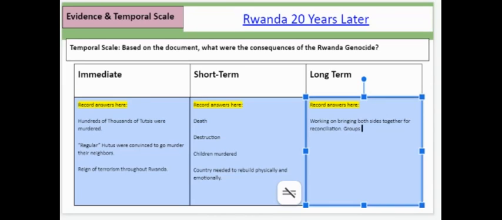So groups like that work together to promote peace. Still have issues in Rwanda today.